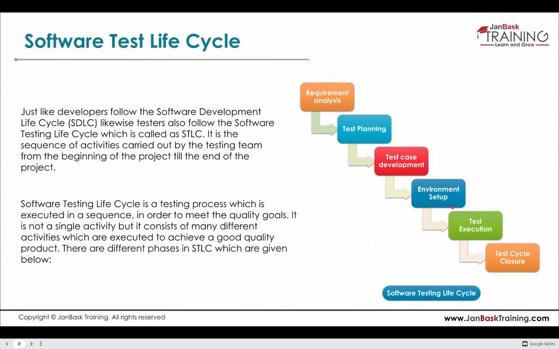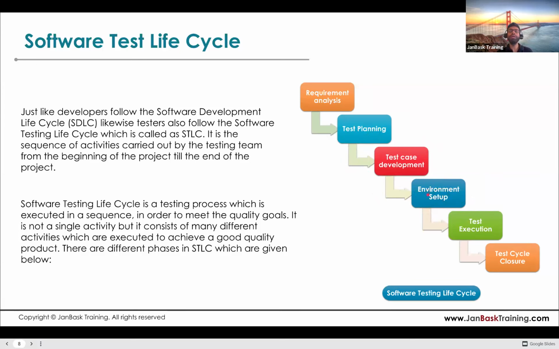But if you have the luxury to do the test data setup before the application is present, if you have any kind of mock application through which you can do the test data setup and the environment setup, then you can do it during the implementation phase itself. So test case development and environment setup will be done during the implementation phase.